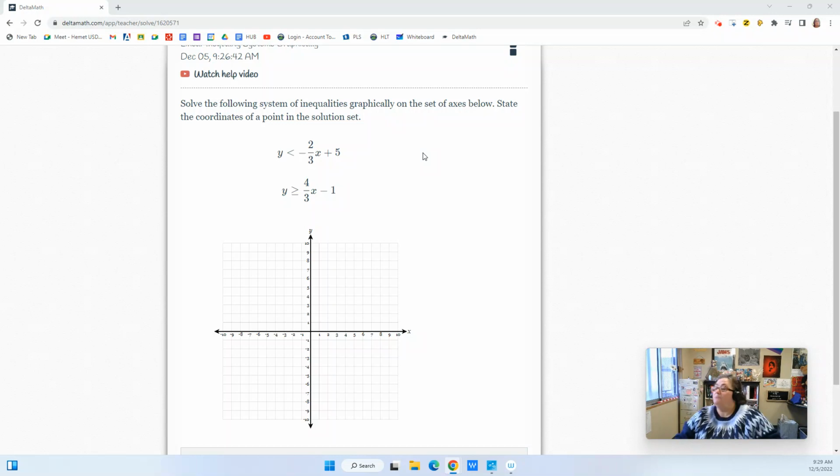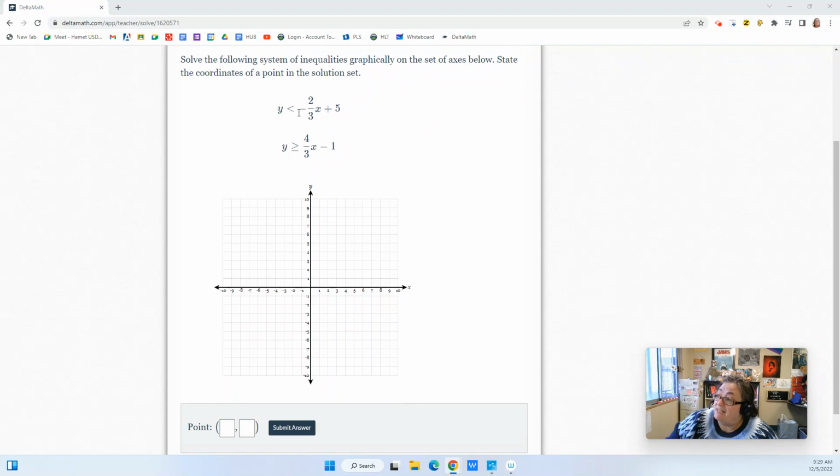A couple things when we're dealing with these: notice that all of these are going to be set up in this y equals mx plus b form. Whether you have the equal sign or not, the inequality is still going to graph the same way, but with a few little changes. So I have this y is less than negative 2/3 x plus 5. And we know how to graph that if it's an equal sign.